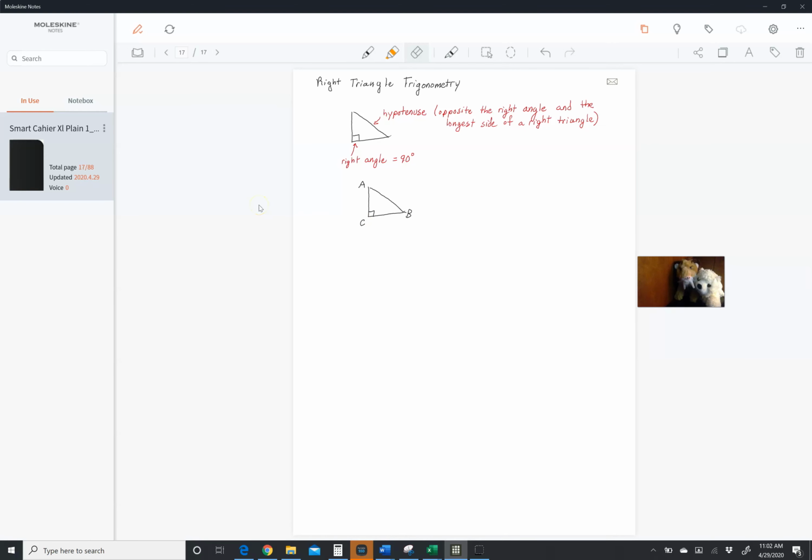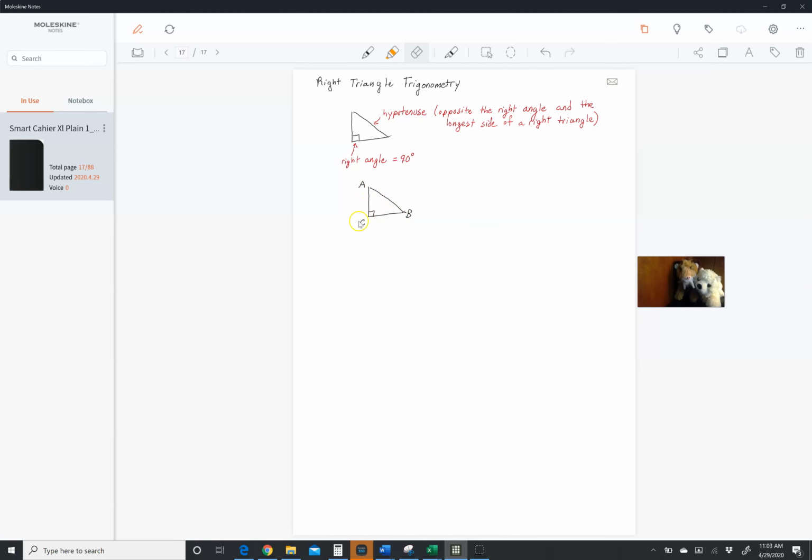So the angles are in uppercase. The sides are in lowercase, and the side that's opposite an angle has the same letter but in lowercase. So this angle is A, and the side opposite it, which means the side that is not used to create the angle, is side A. Every angle is created by 2 sides.